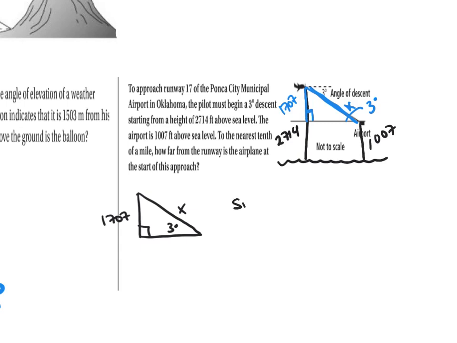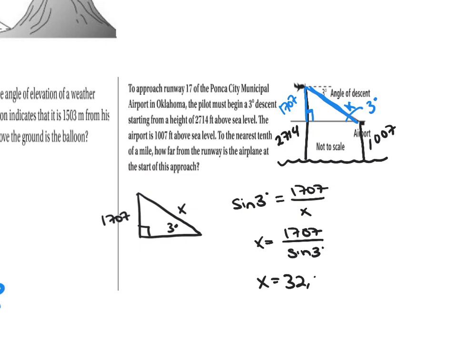So we'll use the sine function, and we'll say the sine of 3 degrees equals 1,707 over x. We'll multiply and divide and get that x equals 1,707 over the sine of 3 degrees. Enter that into the calculator, and we'll get 32,616.2 feet. And we were directed to round to the nearest tenth.